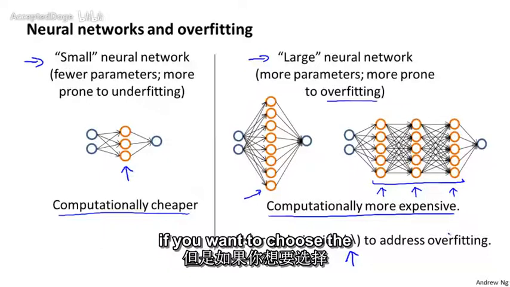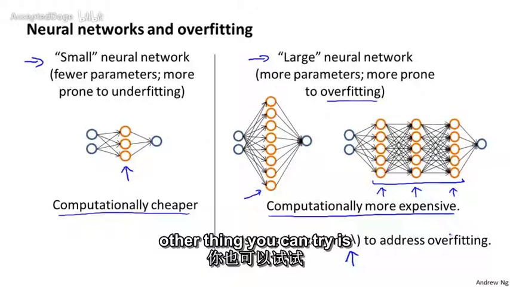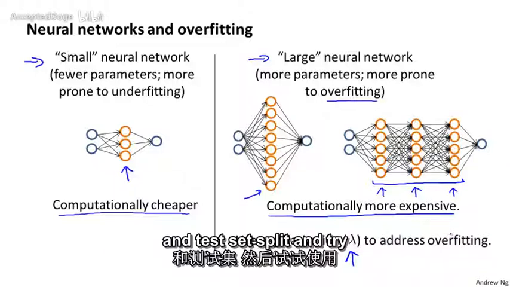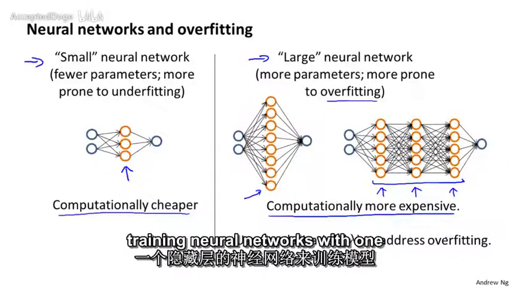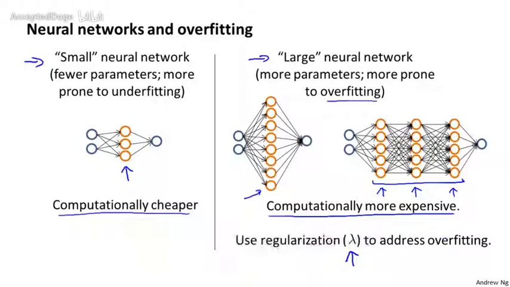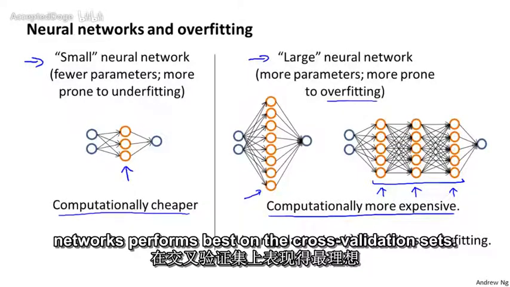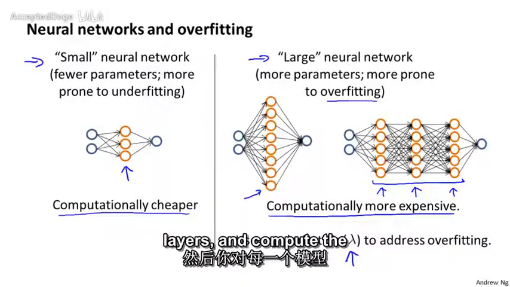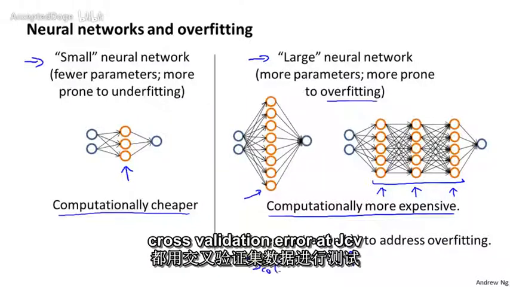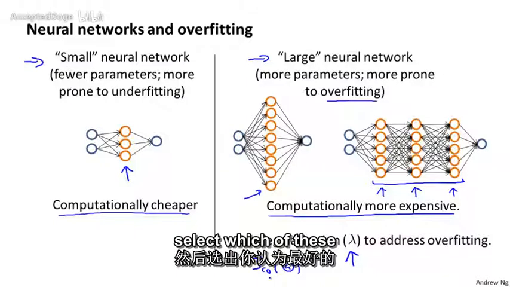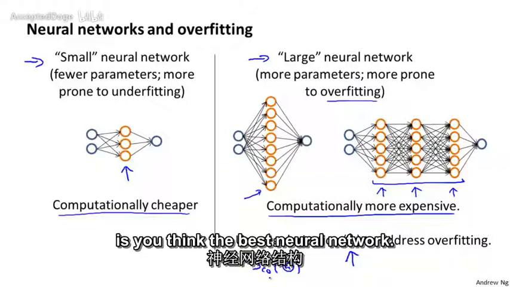But if you want to choose the number of hidden layers, one other thing you can try is find yourself a training, cross-validation, and test set split, and try training neural networks with 1 hidden layer, with 2 hidden layers, with 3 hidden layers, and see which of those neural networks performs best on the cross-validation set. So you take your 3 neural networks with 1, 2, and 3 hidden layers, and compute the cross-validation error J_CV on all of them, and use that to select which of these is the best neural network.